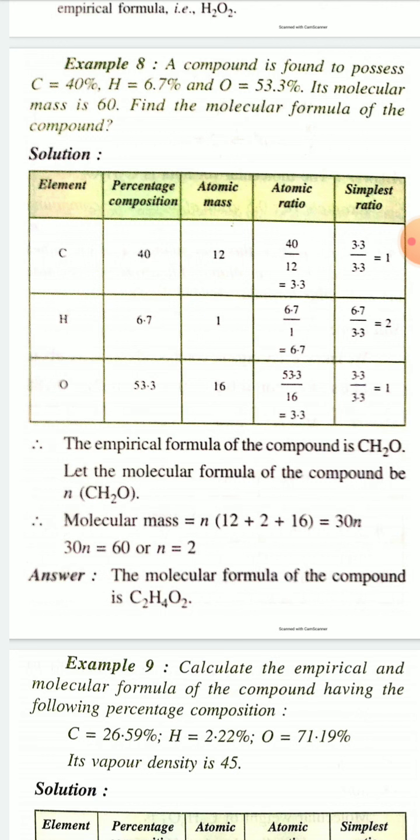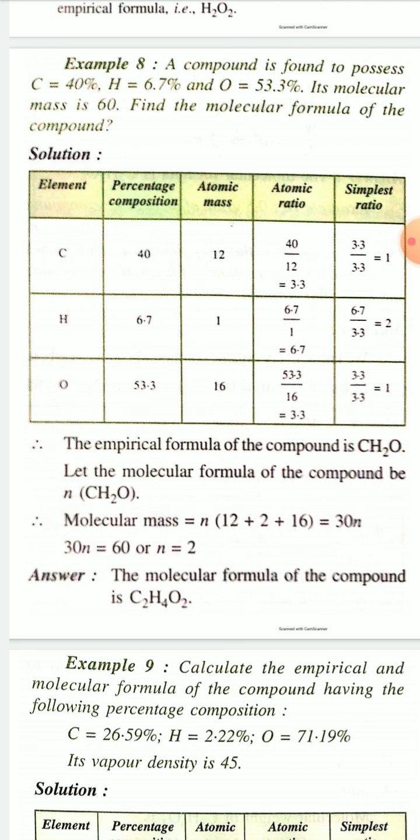12 plus 2 plus 16, that is 30. In the question the molecular weight or molecular mass is given as 60, and according to the empirical formula the empirical formula weight becomes 12 plus 2 plus 16, that is 30.